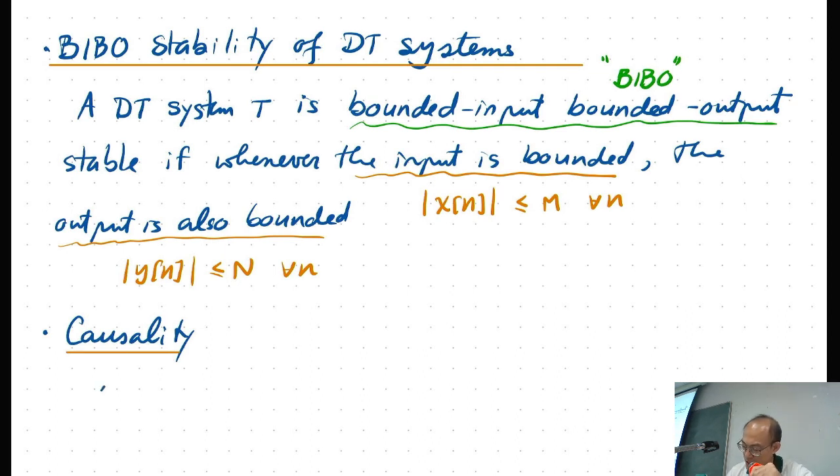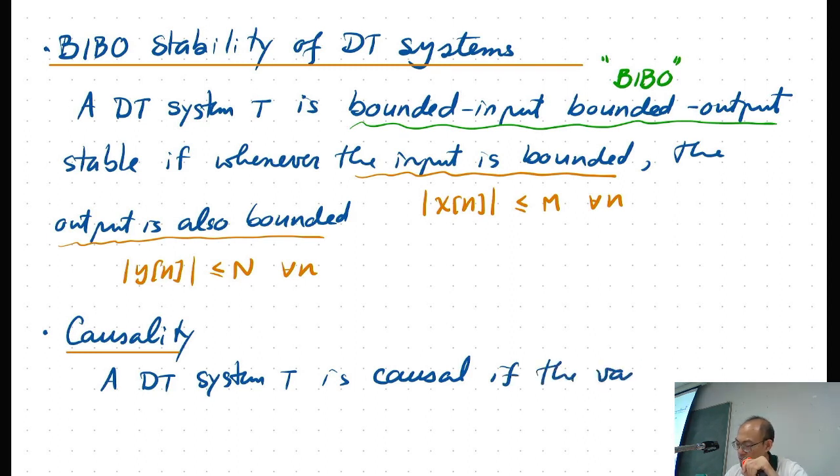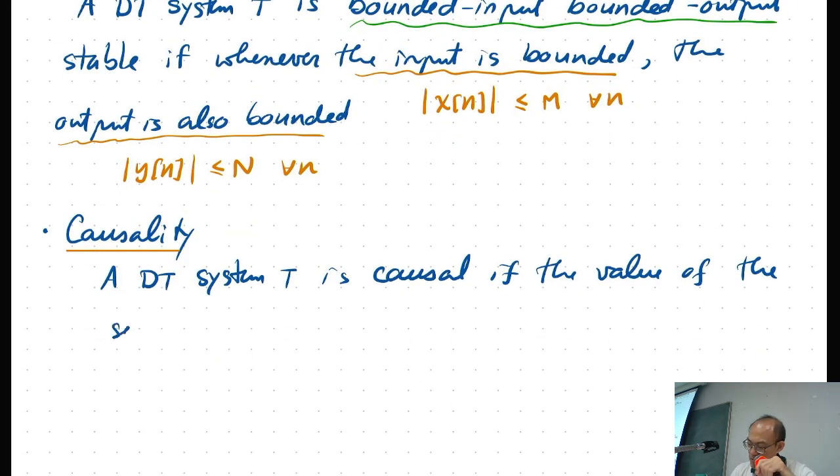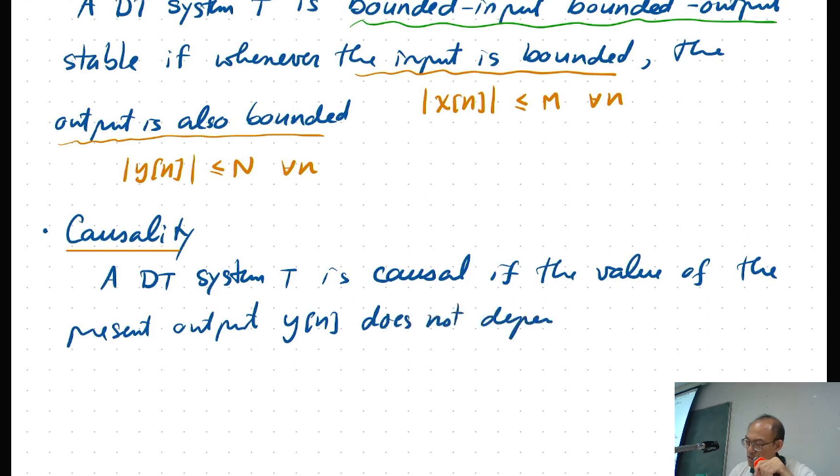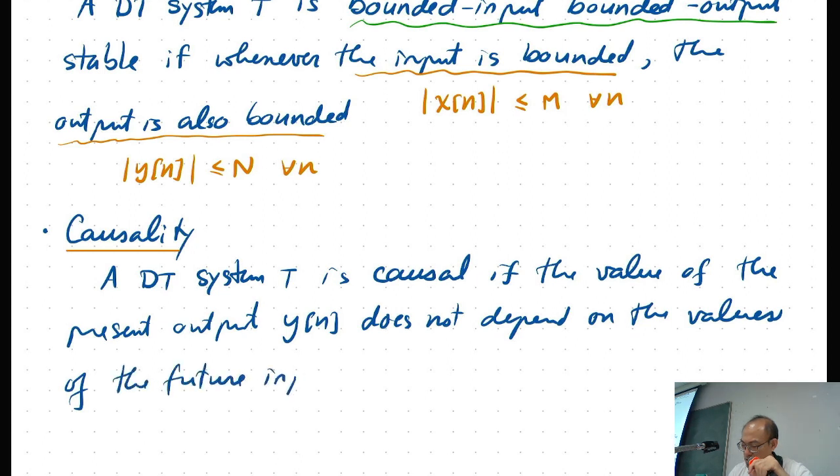In other words, the value of the present output y[n] does not depend on the values of the future input.